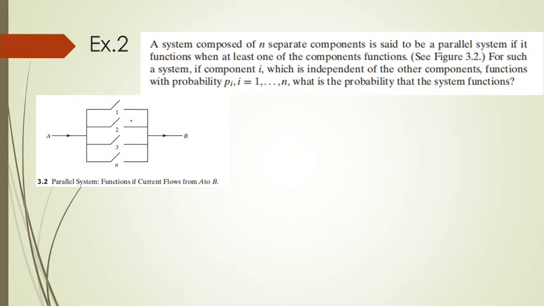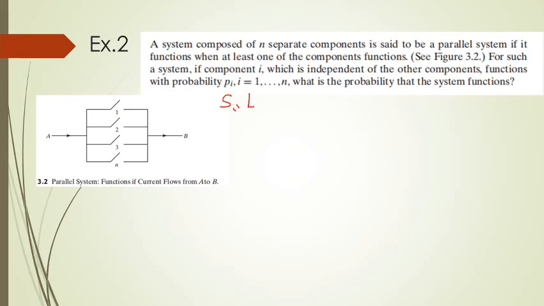That is like the parallel system in the circuit. The current flows from A to B. If one of them works, then it's connected from A to B, right? But here, each component works with probability pi, which depends on i. They are not always p, right?